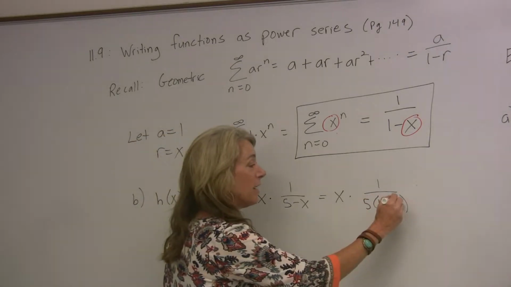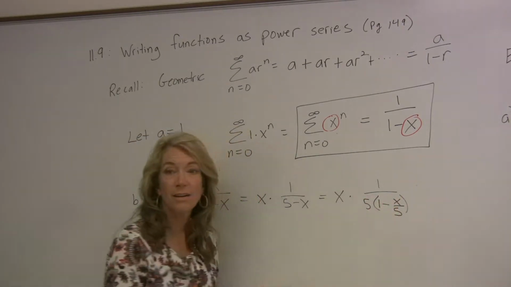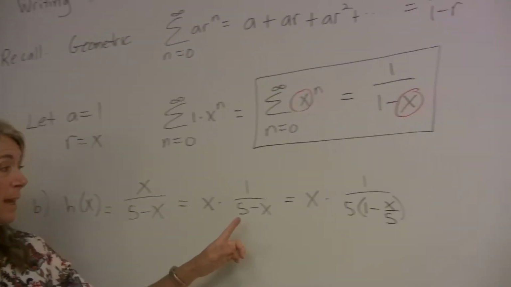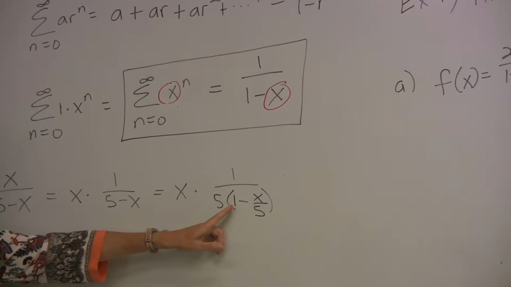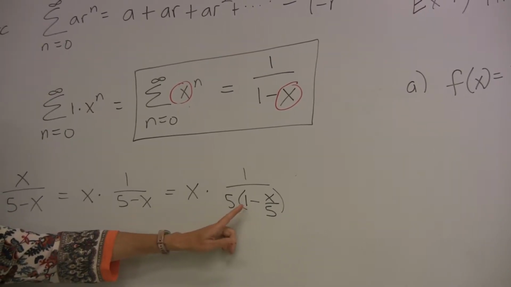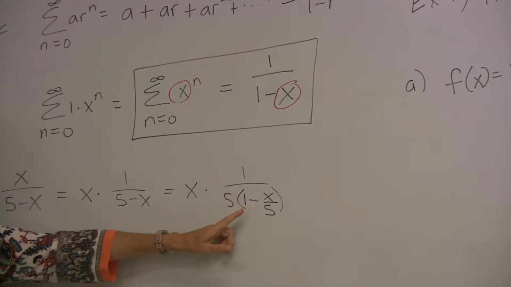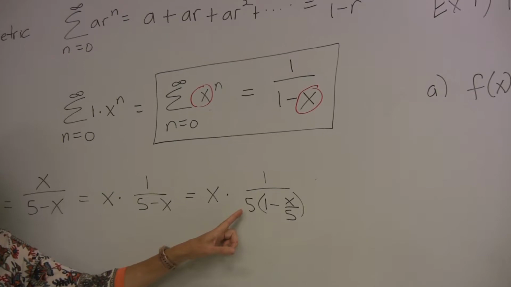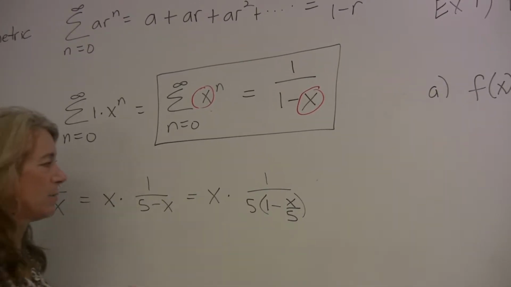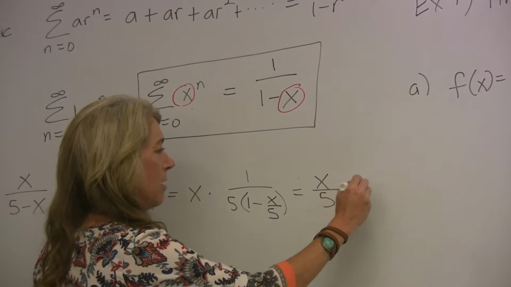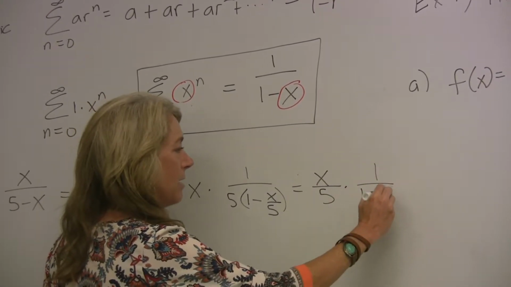X over 5, right? We can pull out the 5. Yeah, it gives us fractions, but we can pull out the 5 and force it to be a 1 right there. Algebra, it's our friend. So I'm going to take this 5 that we pulled out and move it all the way over here with this x, just so it looks prettier. So the 5 that came out is going to go over here, and now I have this.